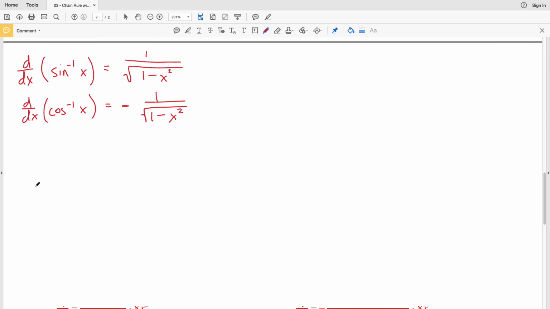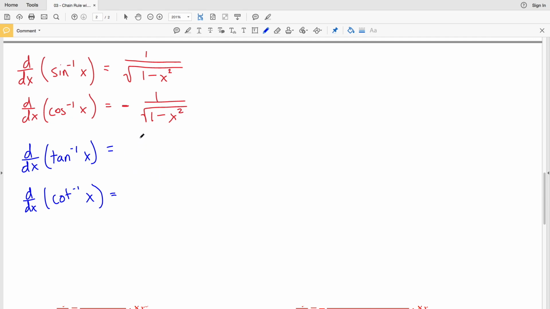Now the next two inverse trigonometric functions we're going to go over are the derivative of the inverse tangent of x and the derivative of the inverse cotangent of x. And as you'll see, grouping the similar ones together, it's easier to remember the derivatives in our heads. Because for the derivative of inverse sine, we just take the opposite of that, and that's the derivative of the inverse cosine.